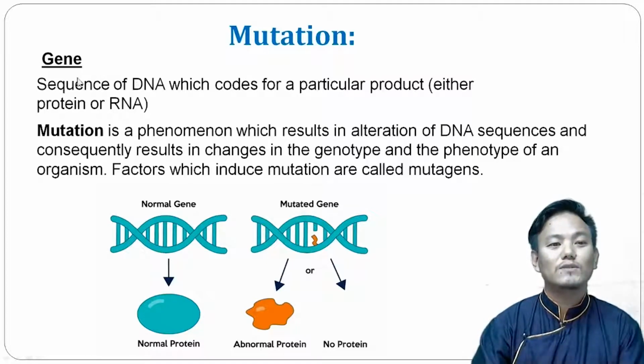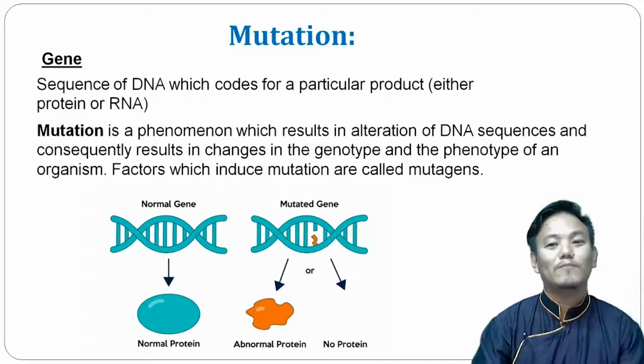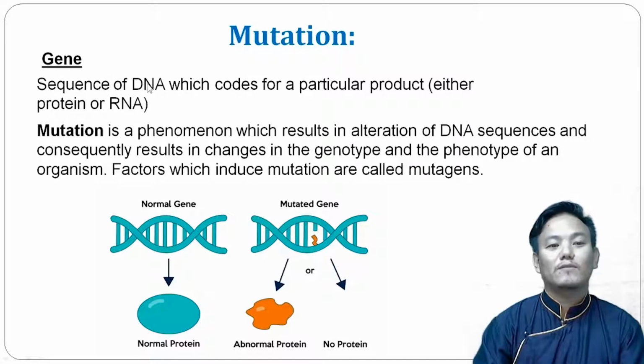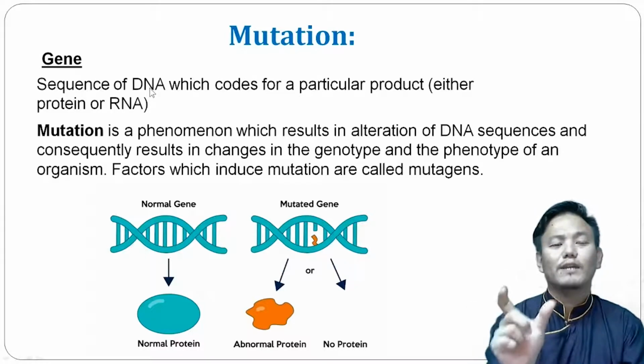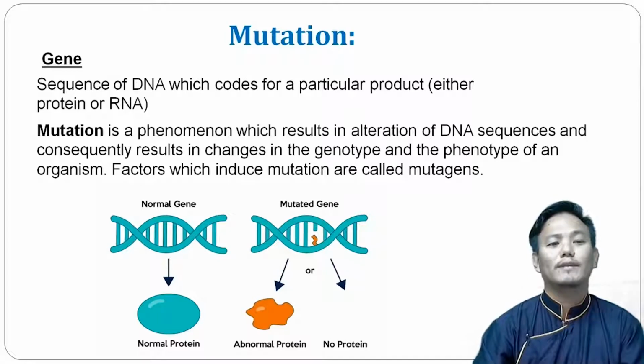A gene is a sequence of DNA which codes for a particular product, and that product can be either a protein or RNA. So a short sequence of DNA, which is a polynucleotide, that can code for a particular protein or an RNA is called a gene.